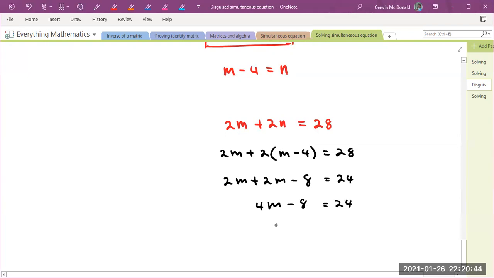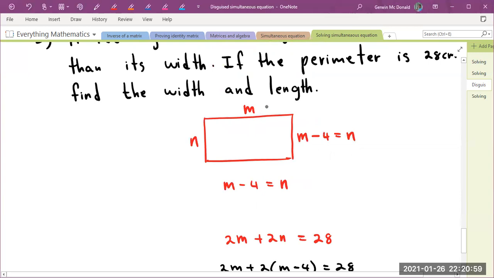I send the 8 to the other side, so 4M is equal to 36. And when we divide by 4, M is equal to 9. That means the length is 9 cm, and the width will be 9 minus 4, so 5 cm.